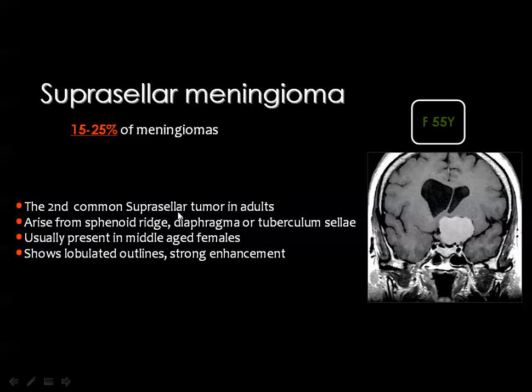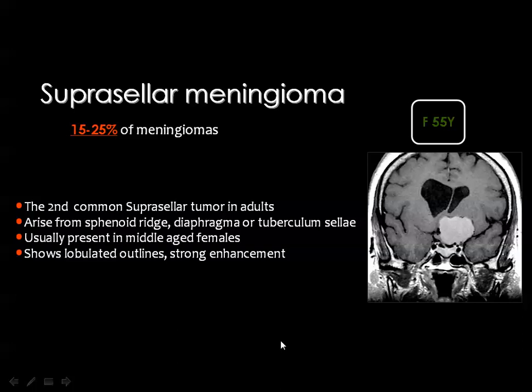It arises in the suprasellar area from the diaphragma sellae, or in the region of the anterior clinoid. Meningiomas, as you all know, are more common in females, and this tumor is considered the second most common suprasellar lesion in adults.